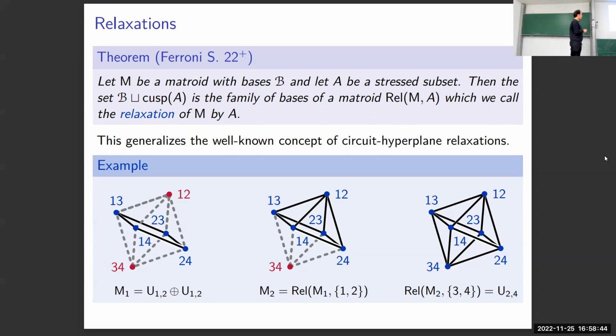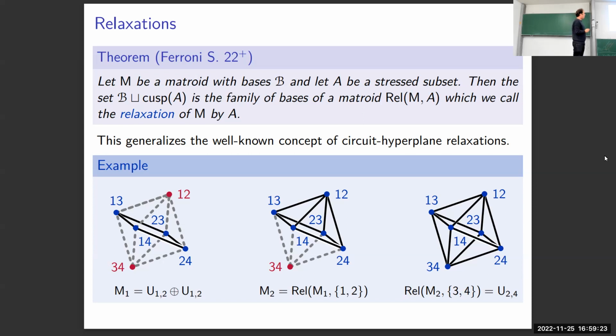And the word relaxation comes from optimization, where we relax one of these facet inequalities. So what happens for our toy example? Let's start with the uniform matroid, which is the direct sum of these two pieces. In other words, it's just a square. If I want to relax 1, 2, then I remove the inequality which cuts away 1, 2, and I get my Egyptian pyramid. Or if I relax afterwards 3, 4, then I get the full tree. So this is how it works.